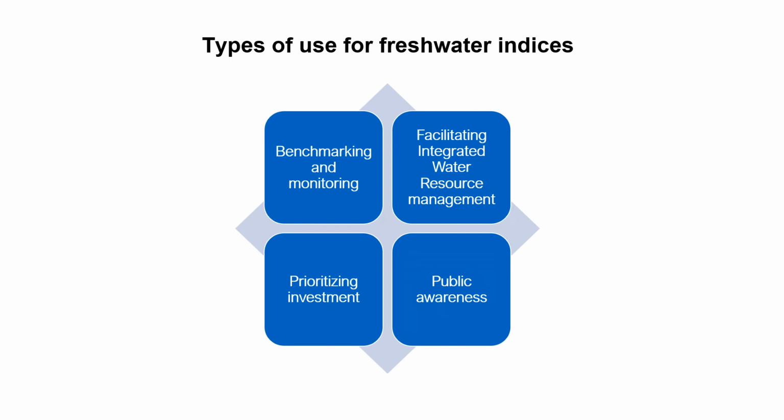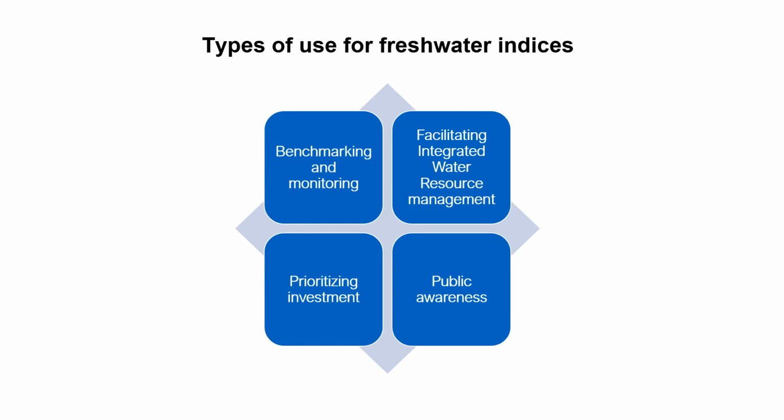Indices provide a quantitative baseline from which the status of freshwater ecosystems can be assessed, and changes monitored over time or progress monitored towards a goal. Index development is part of and facilitates integrated water resources management.